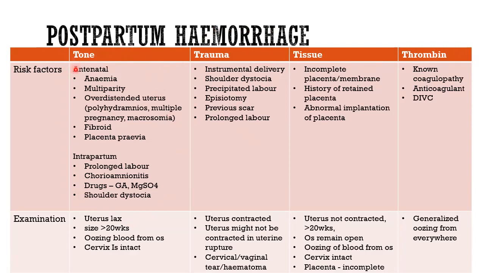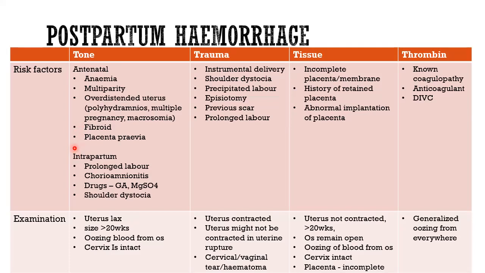Antenatally, you are looking for anemia, whether this patient is multiparous, grand multipara especially, and whether the uterus is over-distended or not. When it is over-distended, after the baby comes out, it cannot contract properly. These are patients with polyhydramnios, multiple pregnancy, or macrosomia, or a fibroid that prevents them from contracting properly, or placenta previa.